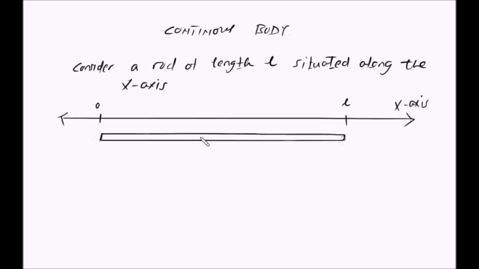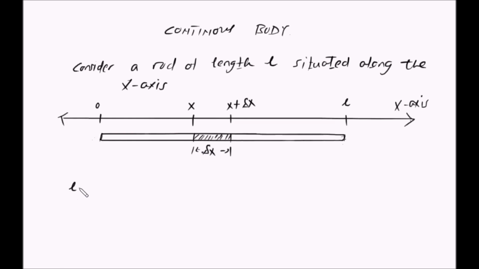So nilisema hatuna particles, so we're going to consider an element of a body. So let us consider this element here. Hii sehemu shade ni element. So hii element inaanzia kuanzia hapa kwenye x mpaka hapa kwenye x plus delta x. So urefu wa hii element sasa ni nini? Ni delta x.